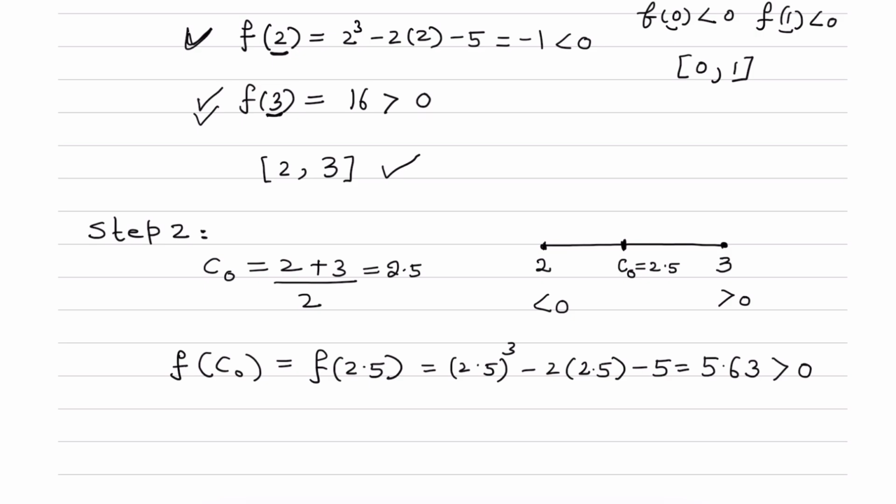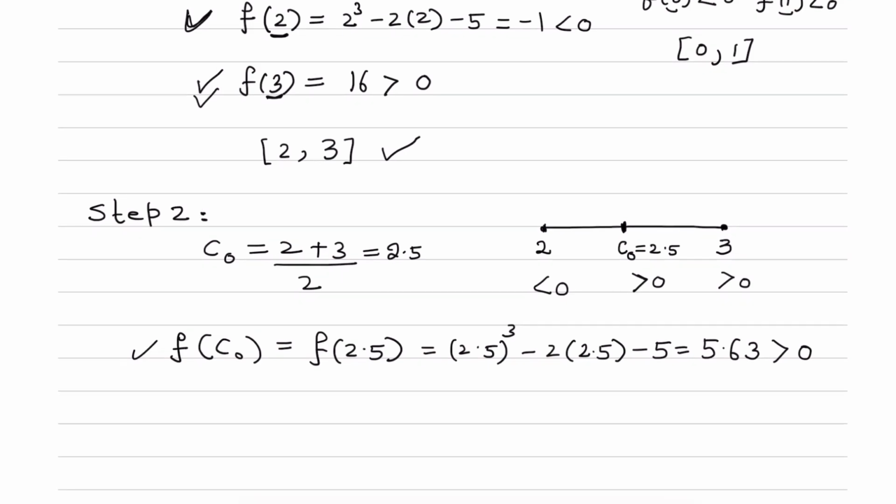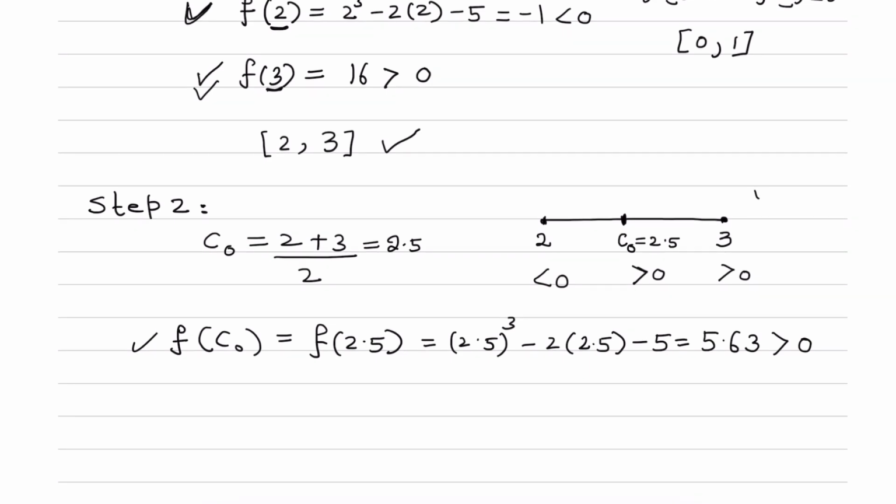So f of c naught is positive. When we plug 2.5 in the function, we got 5.63, so I'm putting the sign greater than 0 here. It is not saying 2.5 is positive, but f of 2.5, which is 5.63, is positive. Now please look at this interval, which is halved, which is bisected.